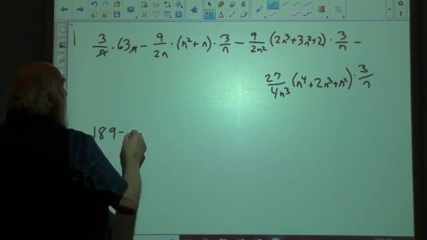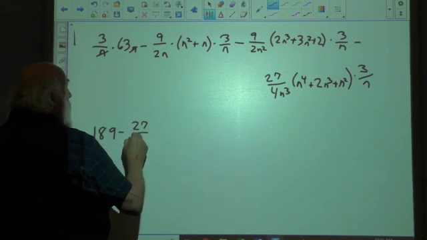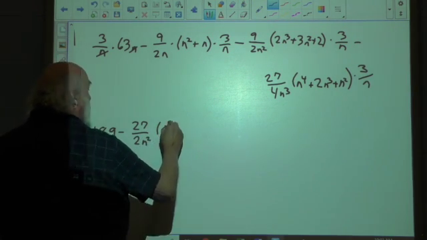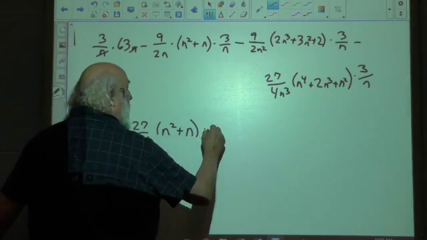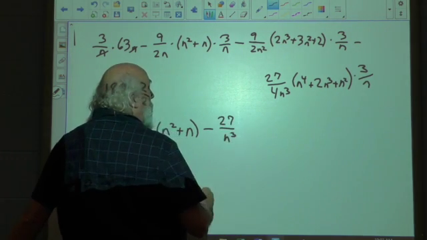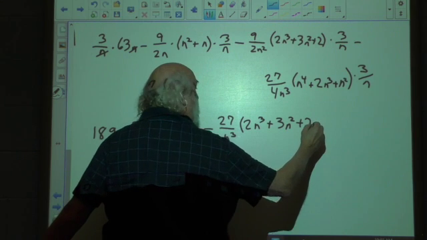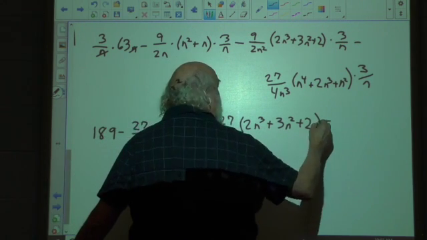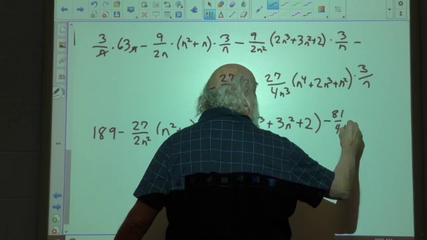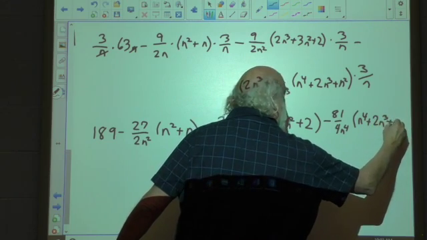So that becomes, and the 3 times 9 is 27 over 2n squared times n squared plus n, minus 27 over n cubed times 2n cubed plus 3n squared plus 2, minus 81 over 4 and the 4th, because these n's here, n to the 4th plus 2n cubed plus n squared.